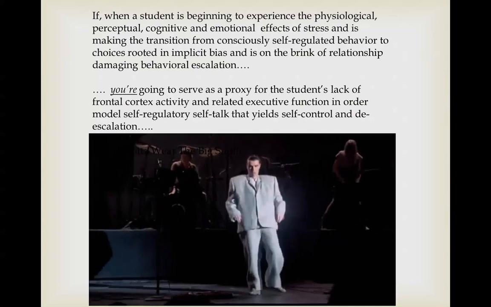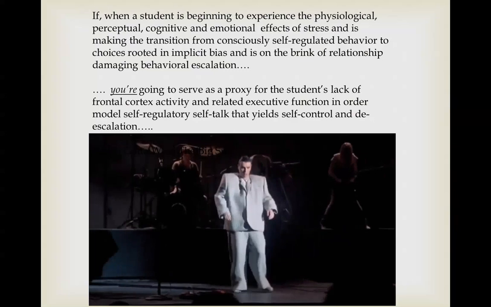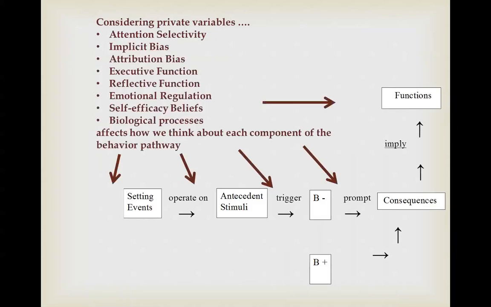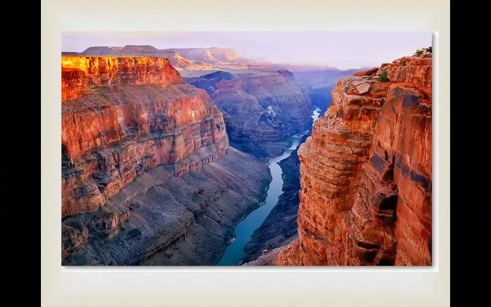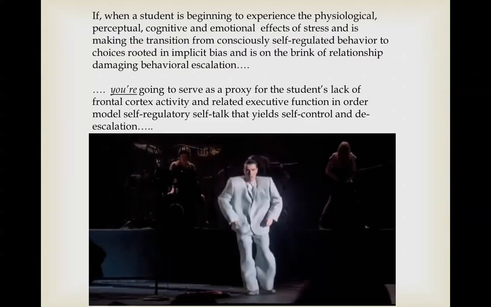But because I'm a nerd when it comes to teacher-student relationships, I think of the big suit as what a teacher has to have on when they stand at that crossroads. When you stand at that place in the river where maybe you can go left through the canyon wall there, the teacher's standing there at that moment in time and is going to provide the scaffolded supports in terms of the pre-corrects and the prompts. But more than that, as I'll show you in a minute, having the big suit on means you're going to be fully present for the student.